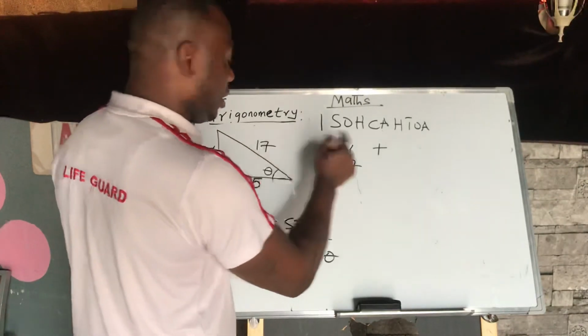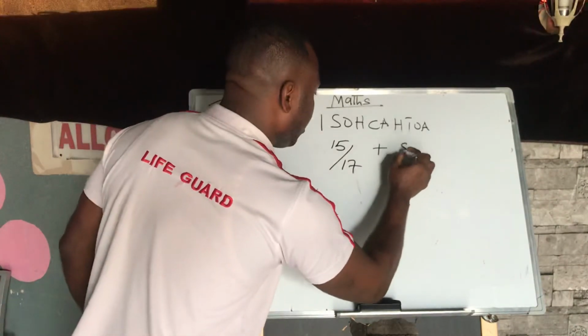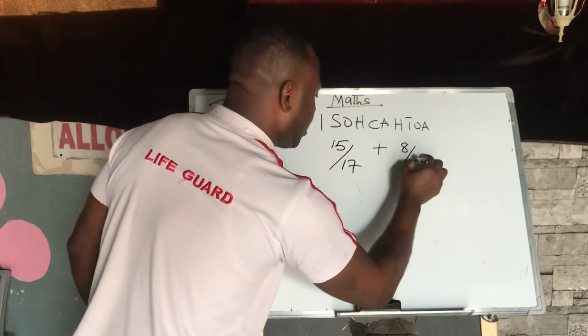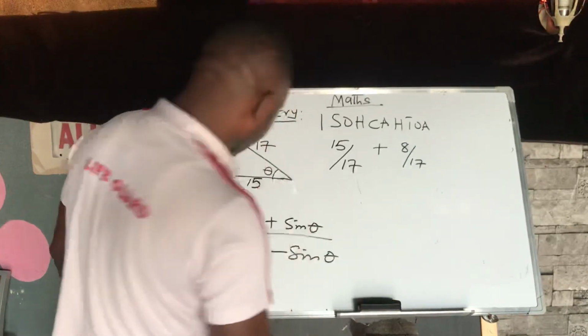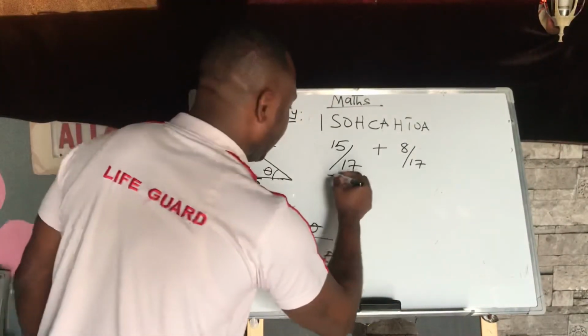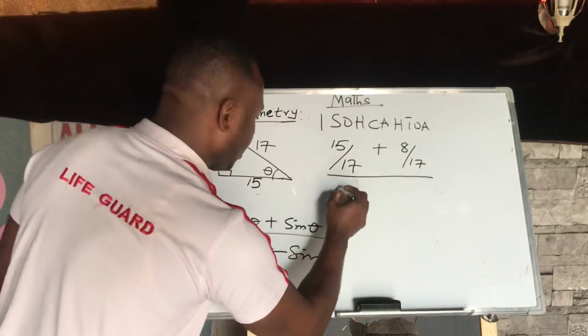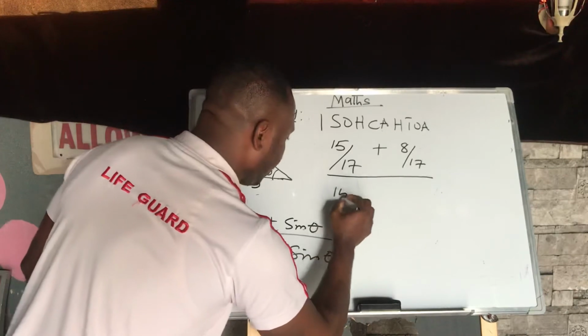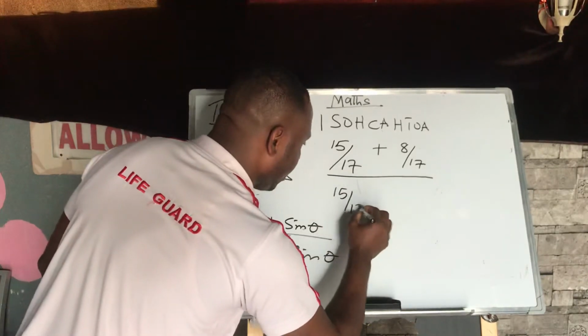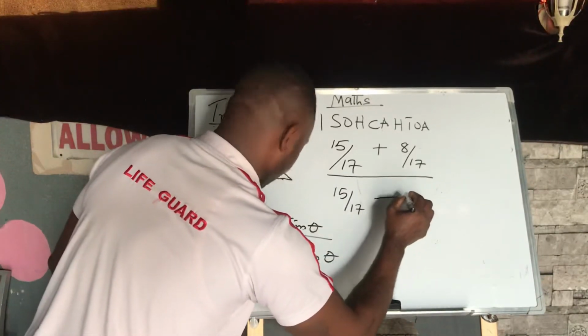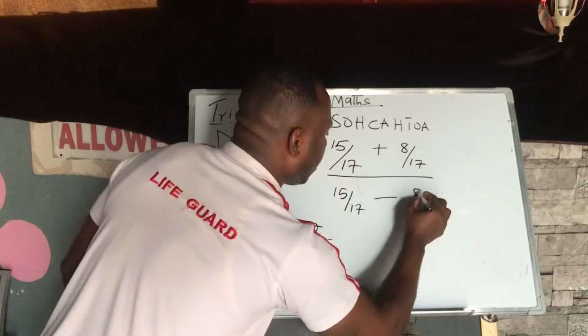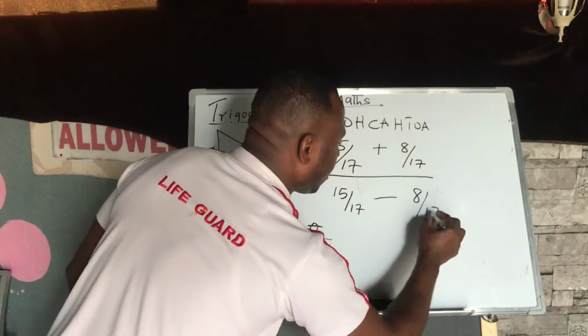Opposite over hypotenuse. That is 8 over 17, all over cos theta minus sin theta. That is 15 over 17 minus 8 over 17.